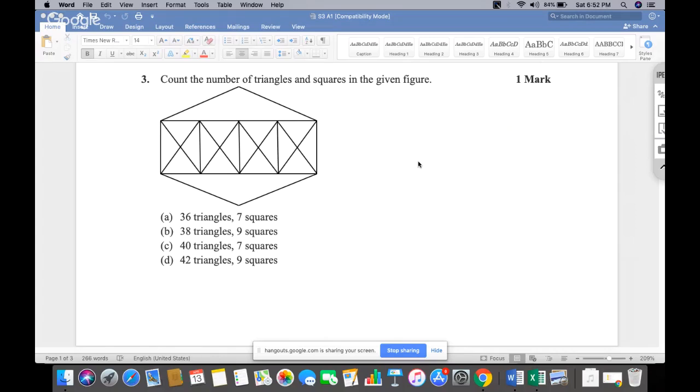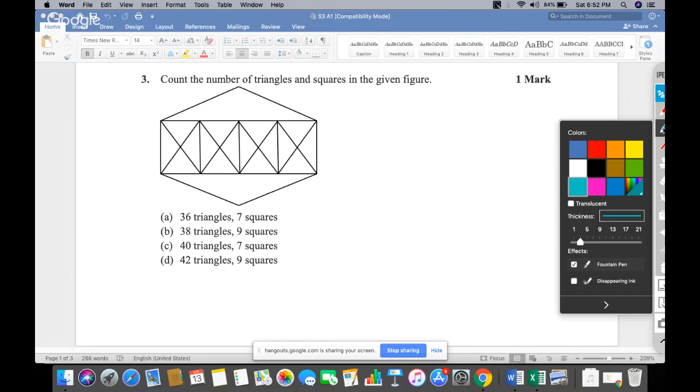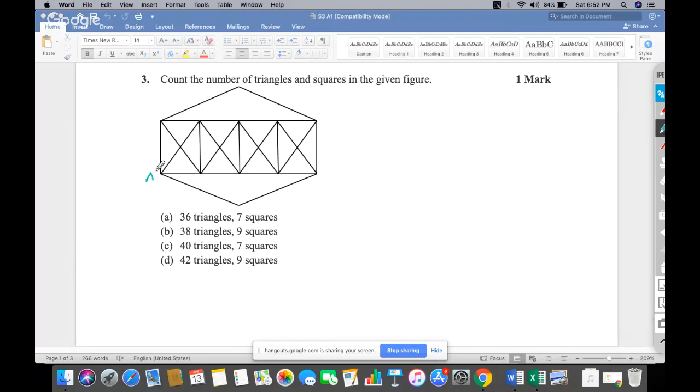So let me solve this question for you. And by marking different things, this is A, this is B, or let me start marking it from somewhere else. Let me mark it with a different color altogether, so that A, B, C, D, E, F. Now what do I do?